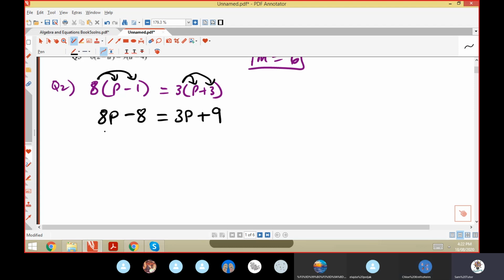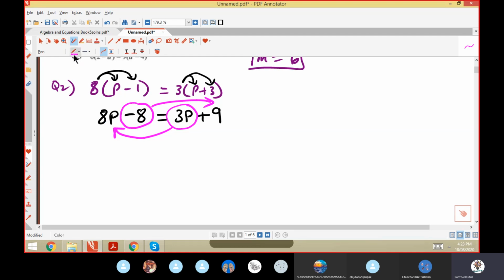Beautiful. And then again, we've got this problem where we've got our p's on both sides, which we can't have, and numbers on both sides. So let's circle this 3p, we bring it here. And what do I circle here? Negative 8. Good job for saying negative, thank you. Not just 8, always the negative in front of it as well.